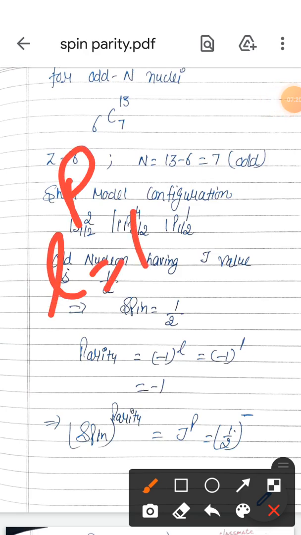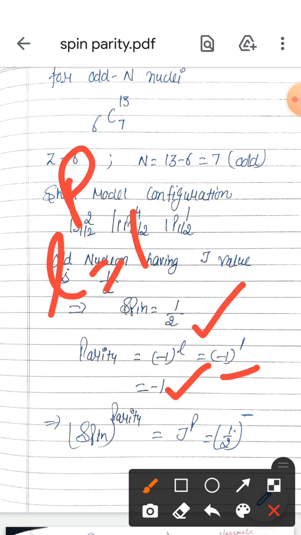So parity can be calculated by using minus 1 raised to power L, because that is the formula to calculate the parity. So parity will be minus 1 raised to power 1, so parity is again odd parity.